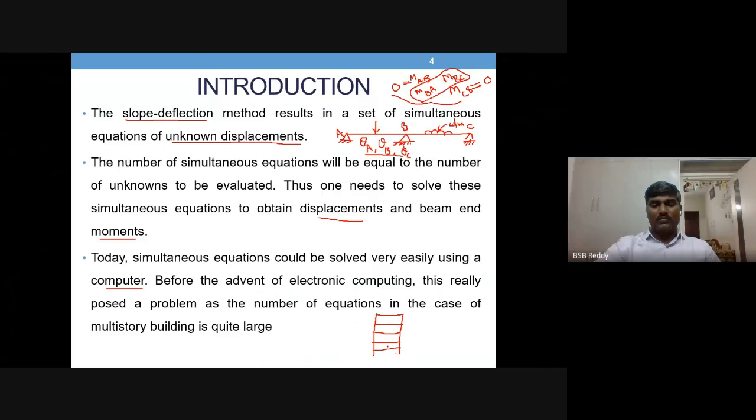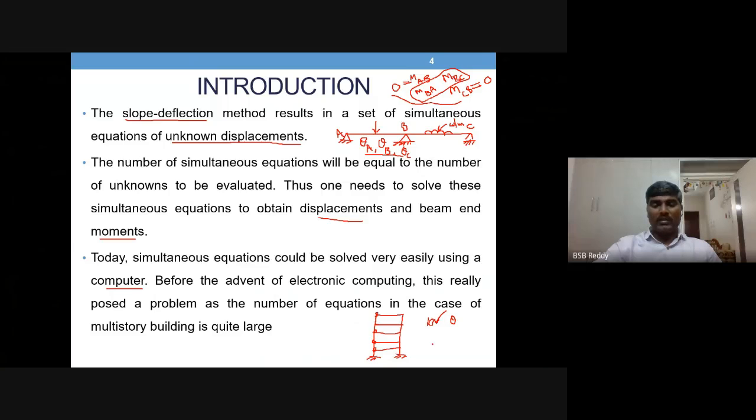Just consider a 5-storied building. How many unknowns can you expect in this? There is one joint, and then 2, 3, 4, 5 joints here, and also 5 on the other side, a total of 10 joints where rotations are possible.